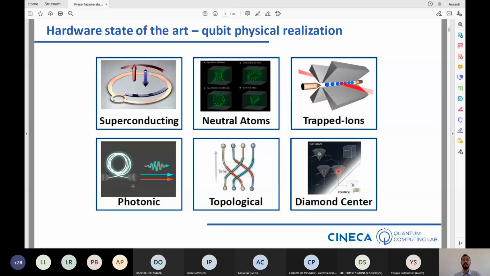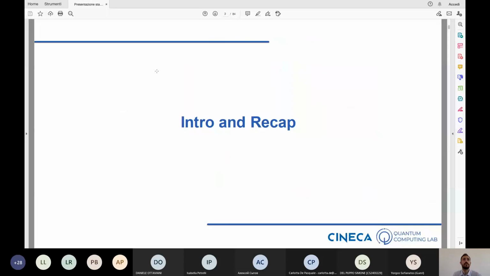We have seen that there exist different physical realizations of qubits that constitute the basis of your quantum computing hardware. We have superconducting, like the one employed by Google.